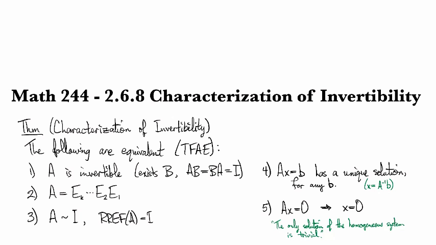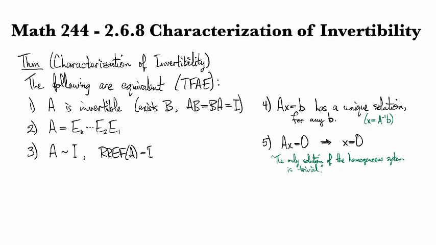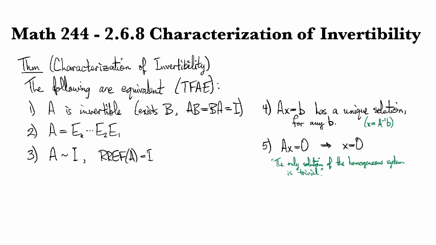We're going to add to this theorem and include a bunch more points on there. One thing that's not on here yet is a nice criterion, something that's nice and easy to compute, to determine whether or not A is invertible.